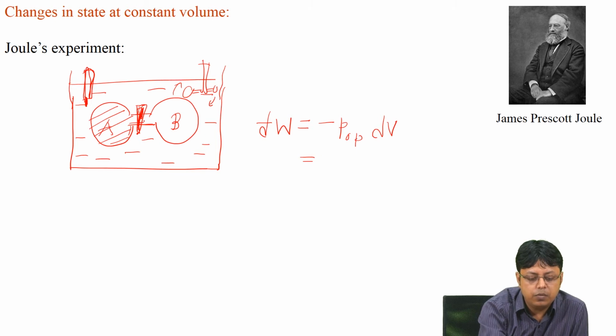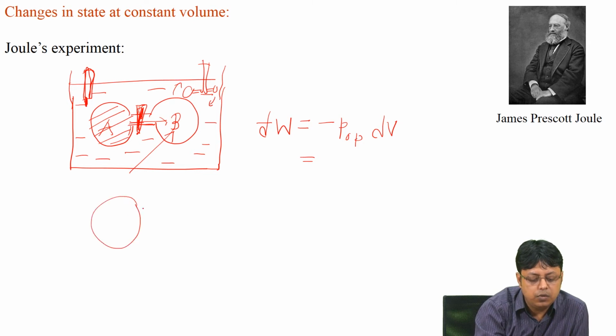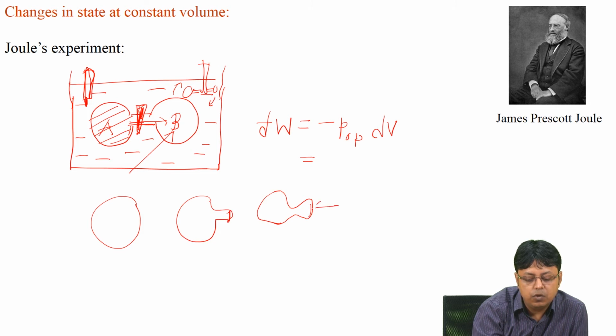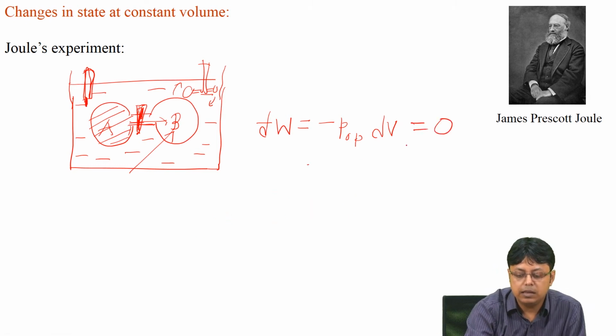However, when the gas expanded, the opposing pressure was 0, because initially there was no gas in B. So, you can think that when the gas tries to fill the other container, the boundary always feels no opposing pressure, which means that P opposing was 0 in this case, and the work done will be nothing but 0.